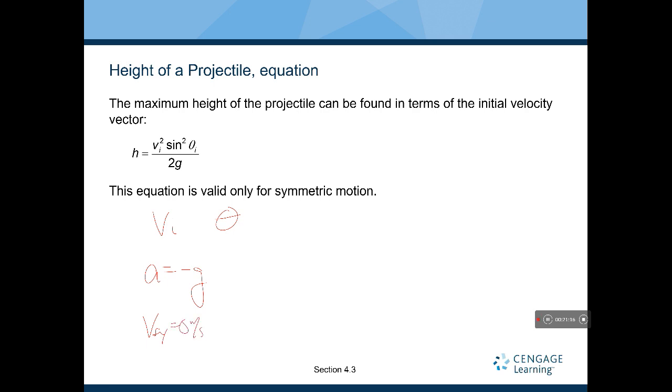Now, I don't know that ahead of time, so oftentimes I set up everything. So I go VIY is equal to what? VI sine theta. Correct. Okay. Acceleration is negative g. Yes. And delta t I don't know, and delta y I'm calling h.